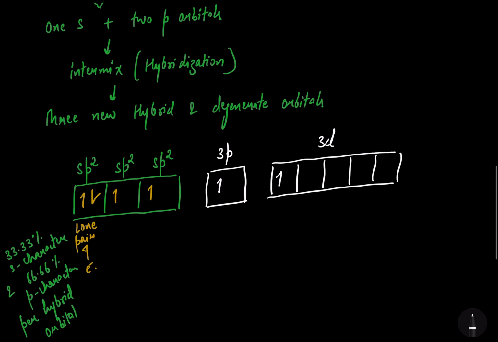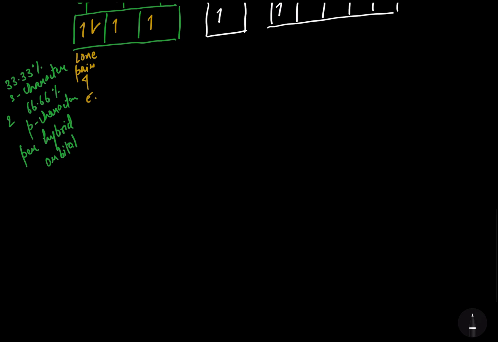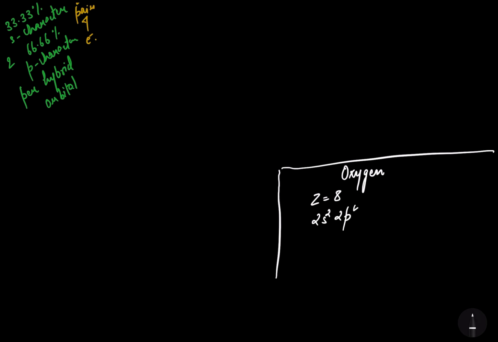Now let's talk about the oxygen. What's the atomic number of oxygen? That's 8. The valence electronic configuration is 2s2 2p4.